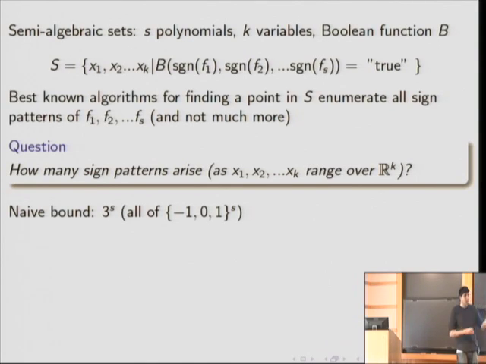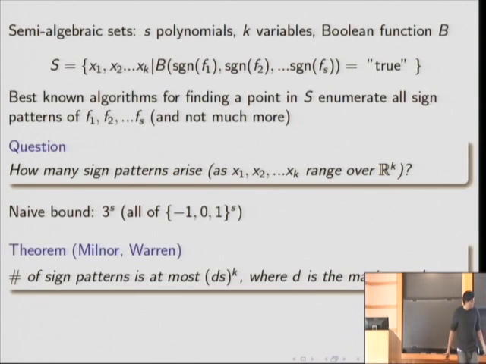Maybe every configuration of which polynomial is negative, which one's 0, and which one's positive could arise. And a really remarkable fact, due to Milnor and Warren and again a whole sequence of authors before them, is that the number of sign patterns actually can't be this large. It's only exponential in the number of variables.